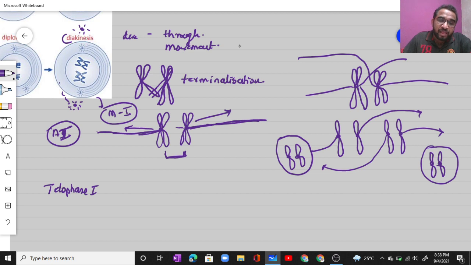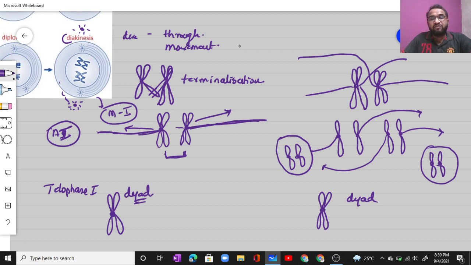Now one chromosome is at this pole, another chromosome is at this pole. So what will we be calling this? We are going to call this a dyad, because how many chromatids can we see? Two chromatids, which are connected to one another with the help of one centromere.